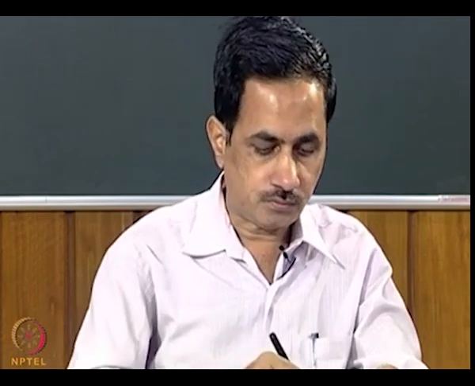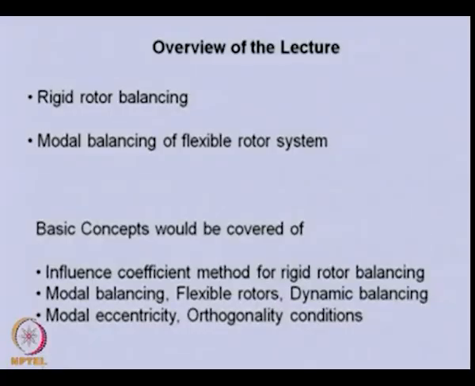And then we will go for the flexible rotor balancing procedure. We will outline a basic theory of the modal balancing procedure. So basically the outline of the lecture is we will be briefing the rigid rotor balancing, especially the graphical method by which we can reduce the number of measurements required, which is very important in actual machines.